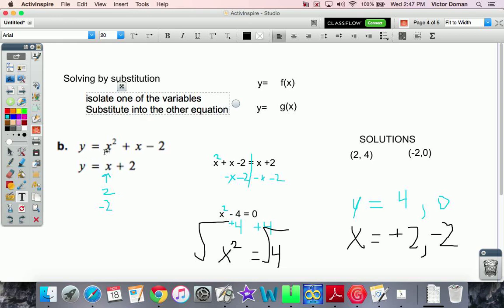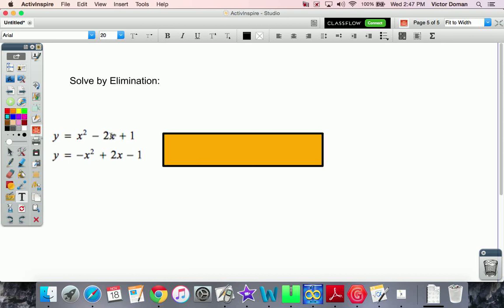That's going to take us from having two unknowns, which is unsolvable, to one unknown, which we can solve. The final method is going to be elimination.